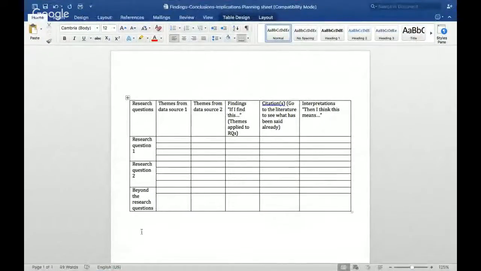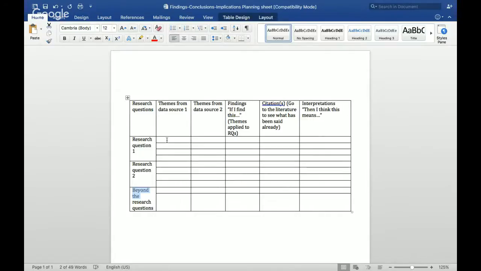The first column is your research questions. I have research question 1. In this box, I would put in your research question 1, and in this box put in research question 2. Beyond the research questions, we'll come back to this particular idea. Here, I would list out your themes from data source 1. What are the themes or your big ideas?